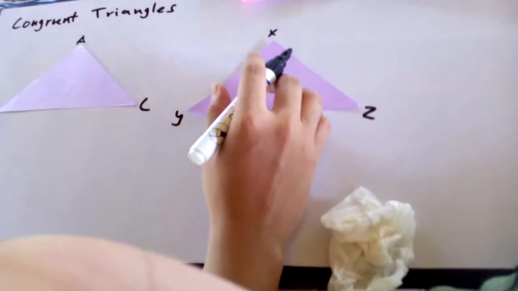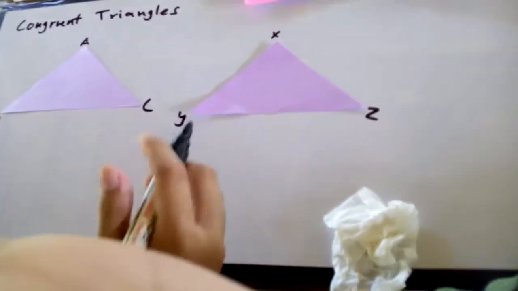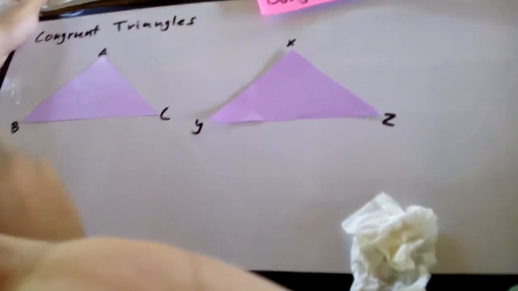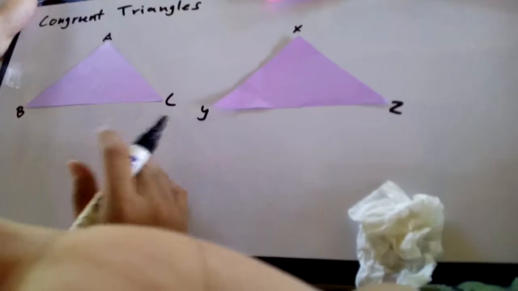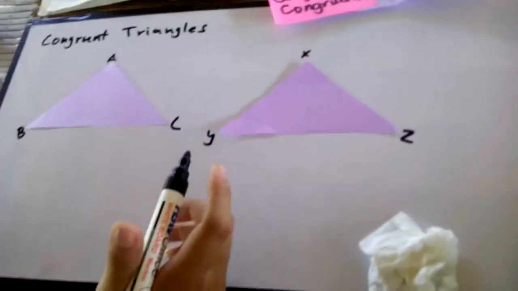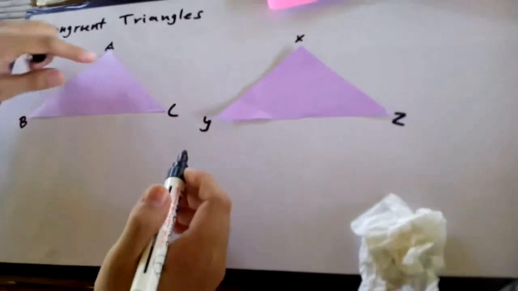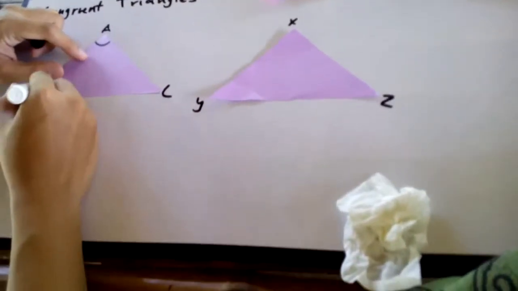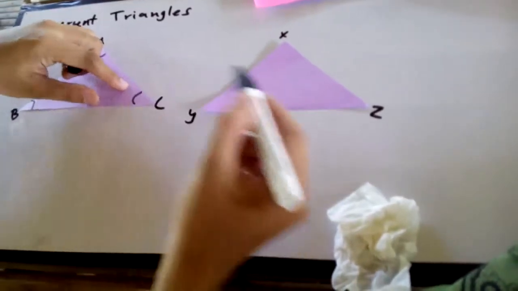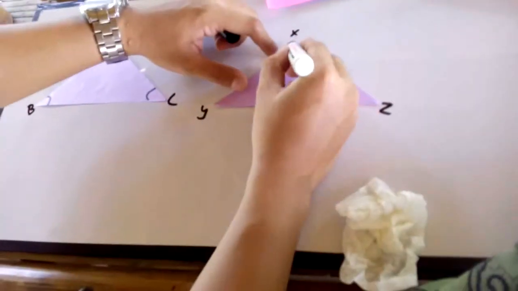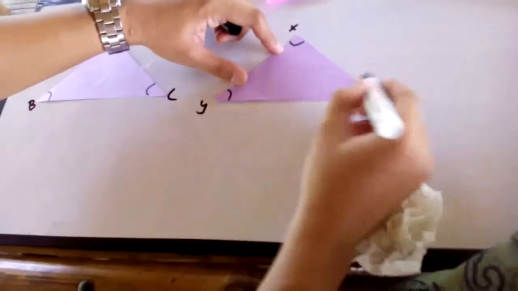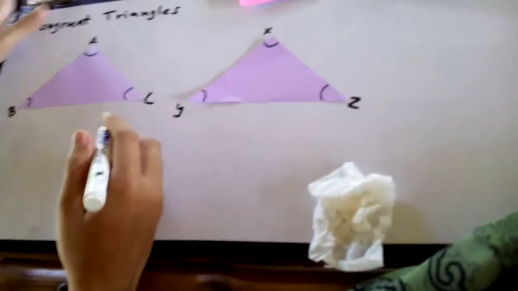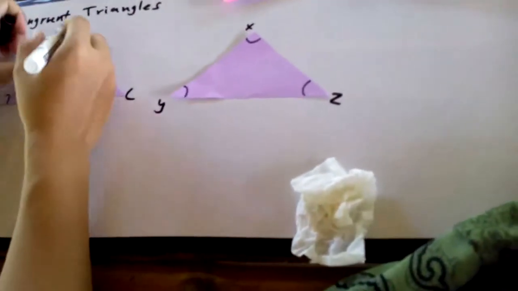Based on the definition, triangles can only be congruent if the corresponding parts are congruent. The corresponding parts are the corresponding angles and the corresponding sides. For the angles, we have angle A, angle B, angle C for the first triangle, and angle X, angle Y, and angle Z for the second.